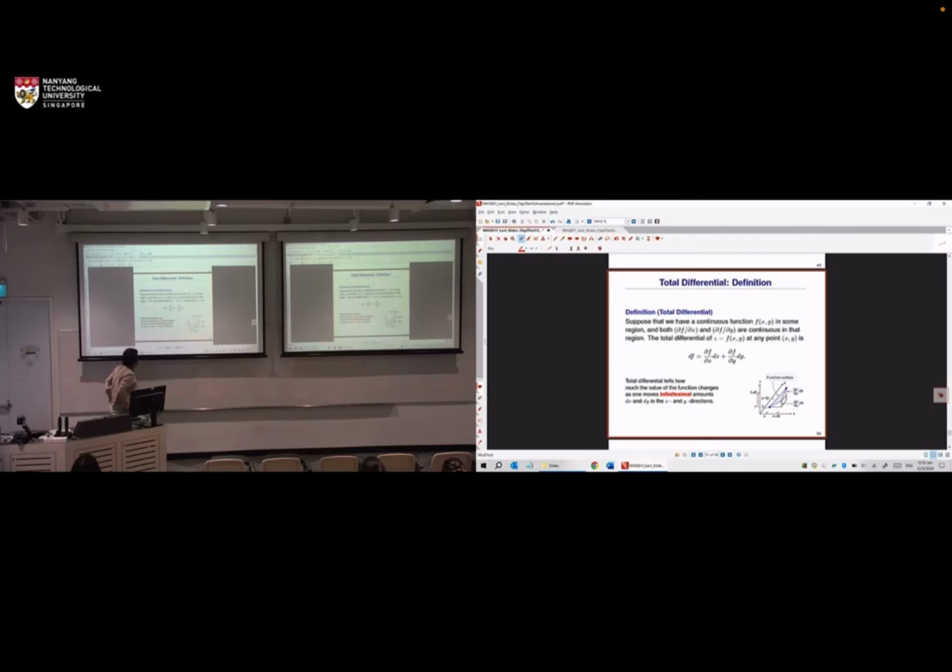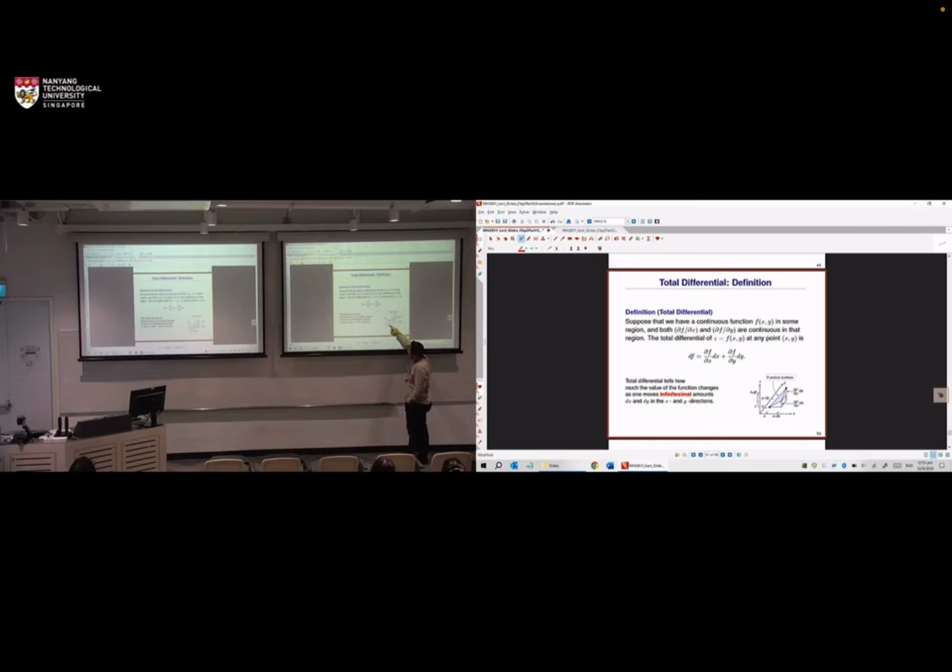Suppose that you have a continuous function f(x,y) in some region, and both del f del x and del f del y are continuous in that region. The total differential of z equal to f(x,y) at any point x comma y is, right? Imagine you are at a point x comma y.